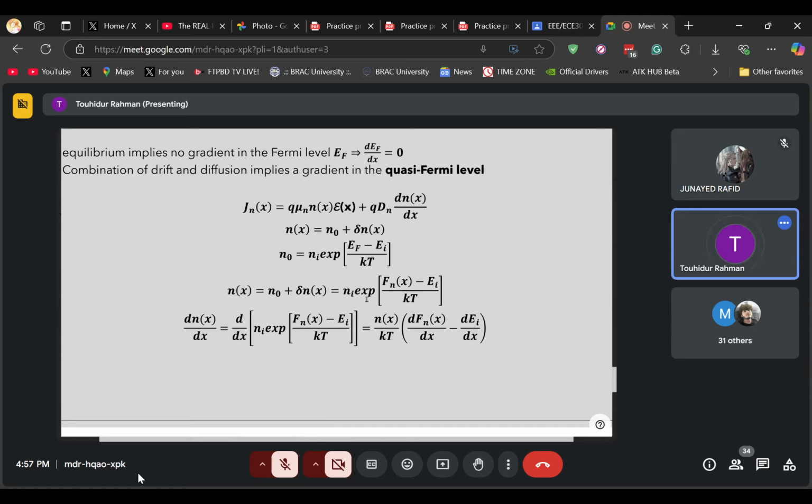When there is no external energy, no applied voltage, the only carriers we have are from the doping concentration. But as we have explained many times, if we apply external energy, there will be excess carriers, and the excess carrier can be a function of distance and also a function of time.